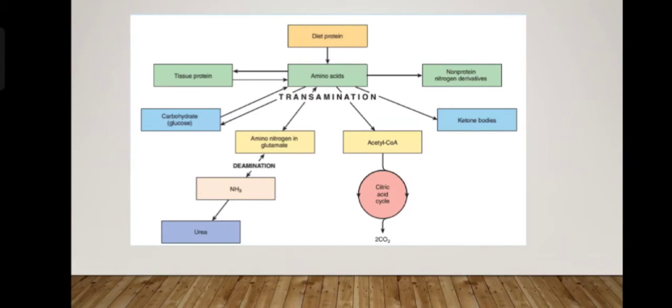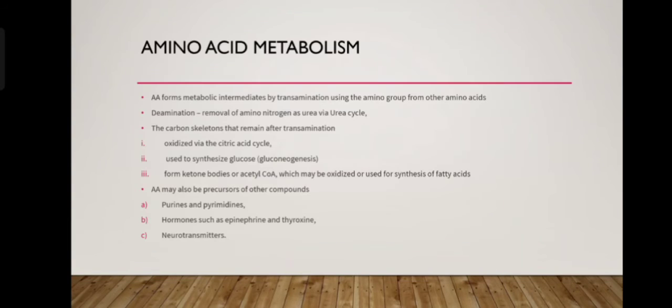Here is the diagram. Again, the diet goes to amino acids, and it is a cyclic process of how it goes to tissue proteins and non-proteins, transamination of all that, and conversion to the citric acid cycle.